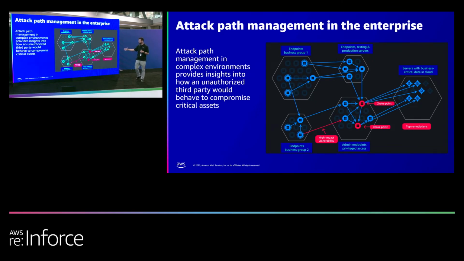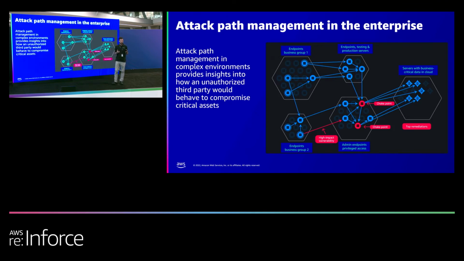So you understand the concept of choke points, and now you can start doing a lot of more interesting things. We started by prioritizing the remediations, but we can also measure the risk. The business, the executives, are asking, can someone reach my PCI data? Can someone reach this critical database? And it's not about how many vulnerabilities I have on that database, it's how many attack paths I actually have and how complex they are.